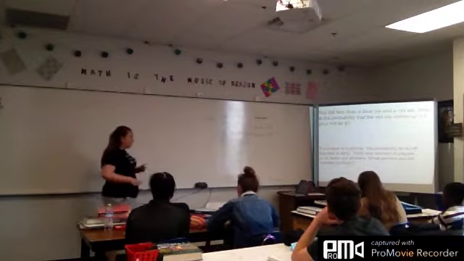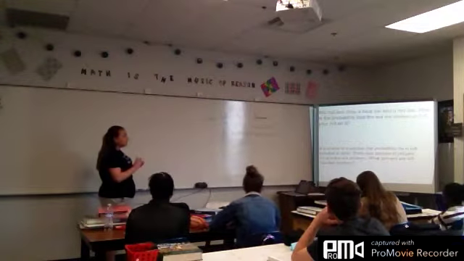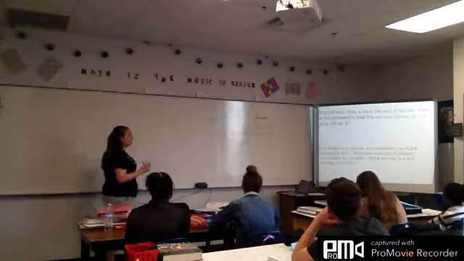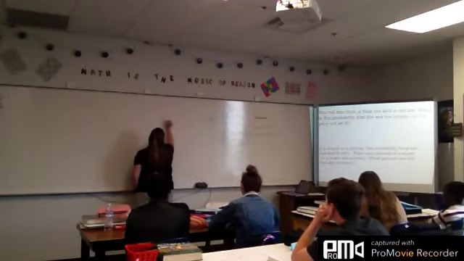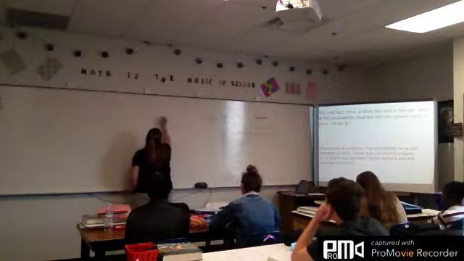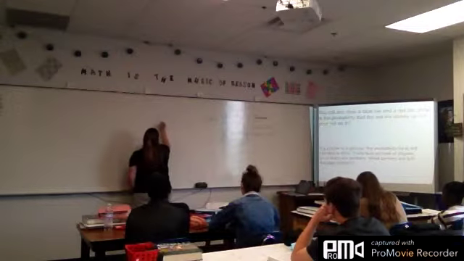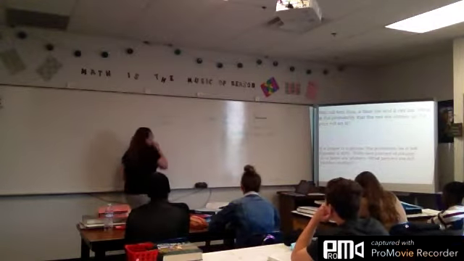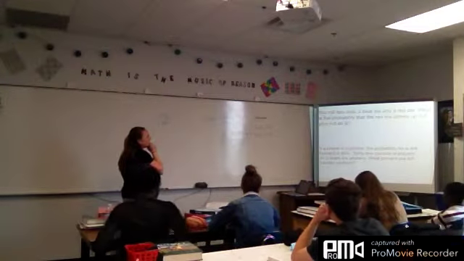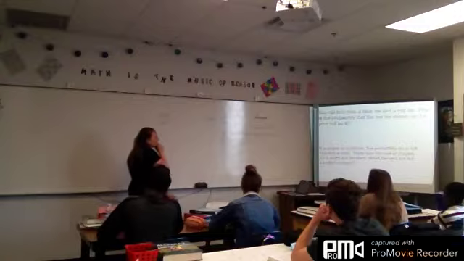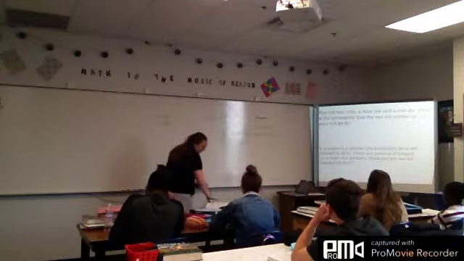The total is 8? Yes. Oh, okay. So I'm going to say red and blue. This is going to be probability of red, probability of blue, yes? How do you figure that out?